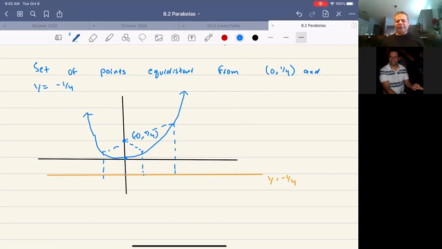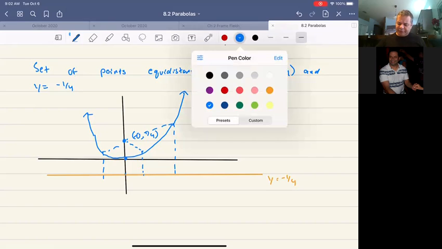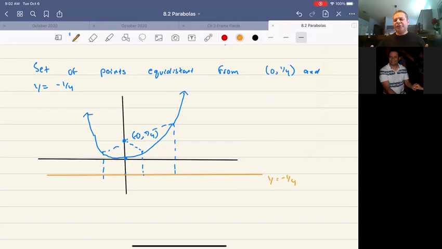Heuristically, I like to think of it as you move away from the directrix around the focus.